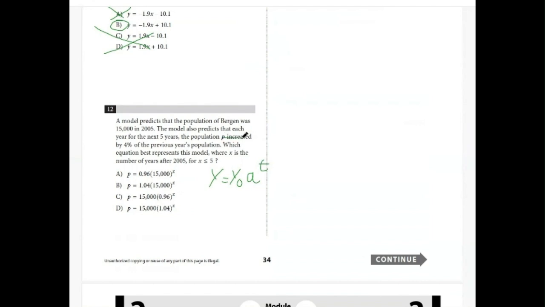Since it's increasing, we need to add. So we have to add 4 over 100 to 1. And the initial value is 15,000 here.